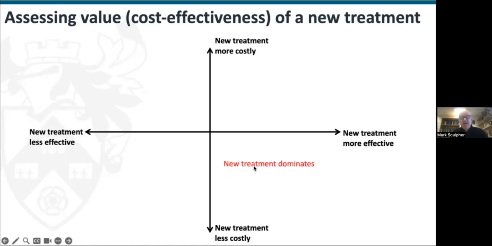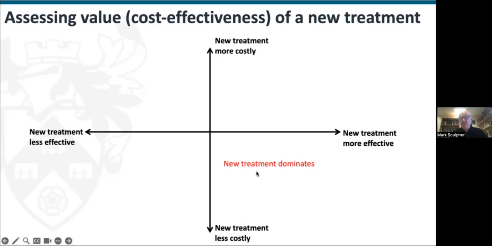So down here in the bottom right-hand quadrant, the new treatment is both more effective than the existing treatment and less costly. And when we think about cost here, we're not just thinking about a price of a drug, we're thinking about the overall impact on costs faced by the health system.